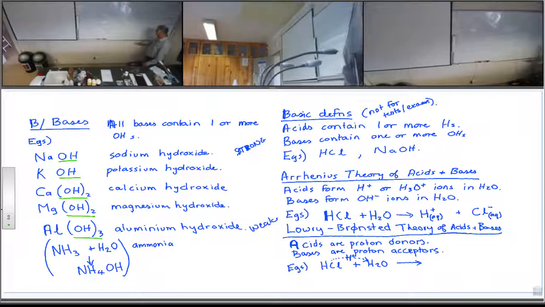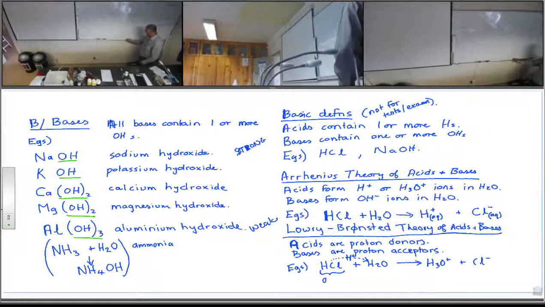And what's that going to form? H3O positive and Cl minus. What does that make this HCl? Has it donated or received? It's donated, therefore it is the acid. And this is the base.